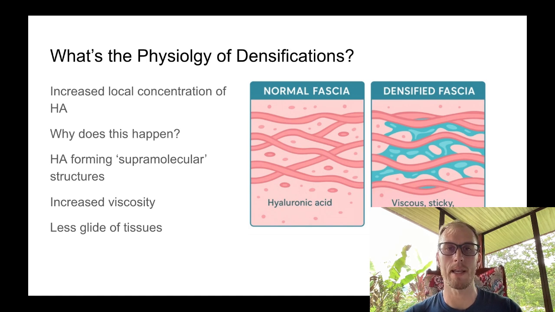What ends up happening is the formation of what are called supramolecular structures, which is basically a big word to describe big molecules that are forming from other molecules coming together and interacting.